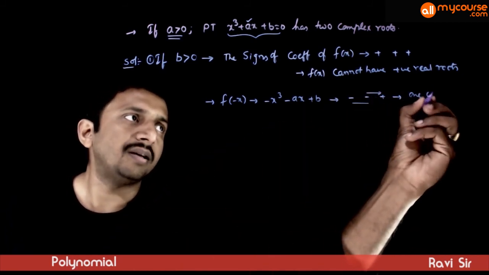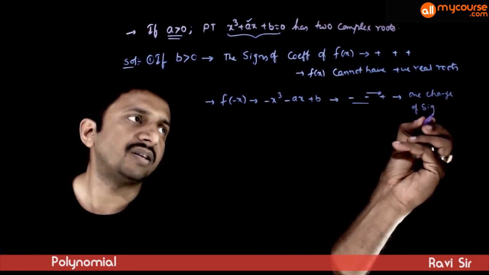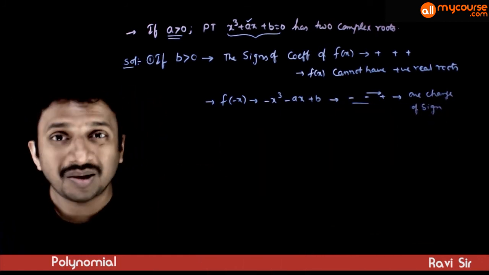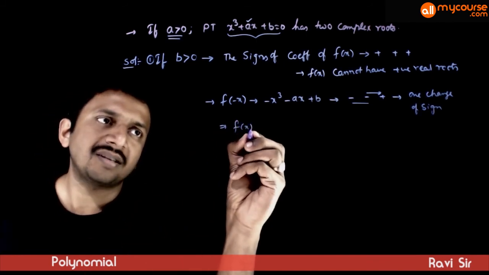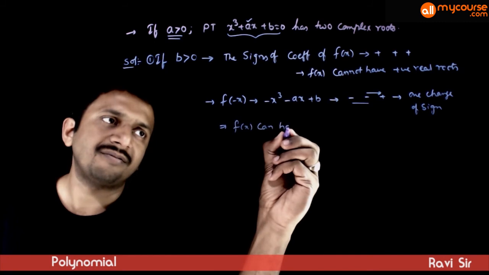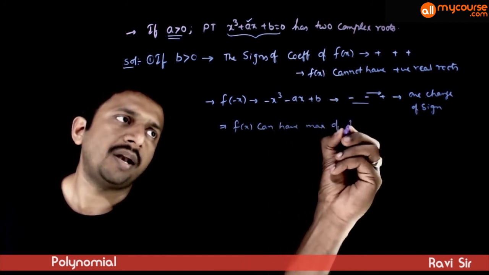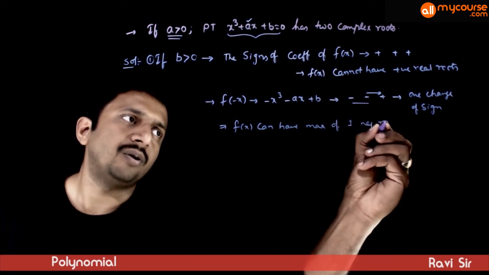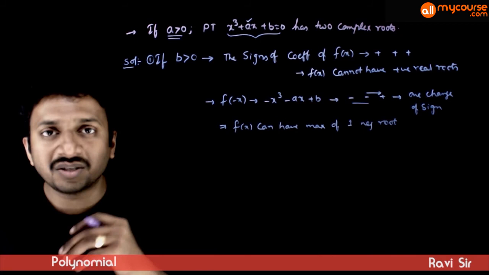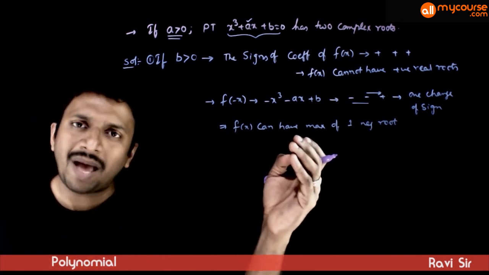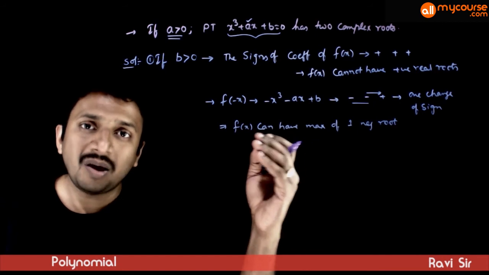So you have only one change of sign. This implies f of x can have a maximum of one negative root. So it cannot have any positive roots, and it can have a maximum of one negative root.